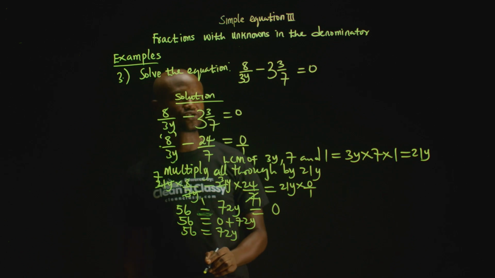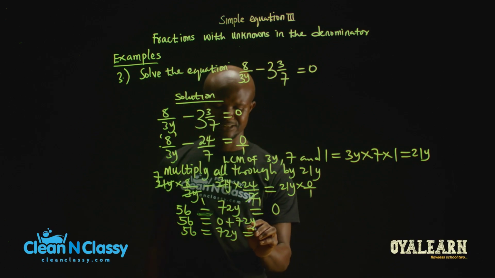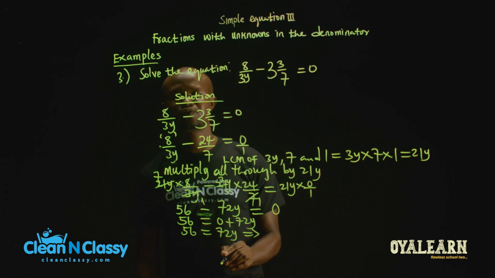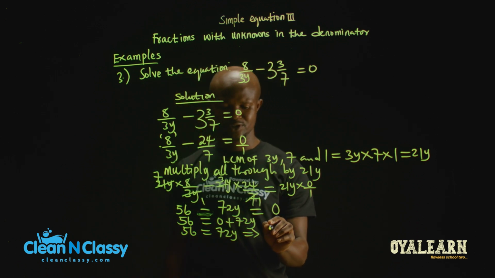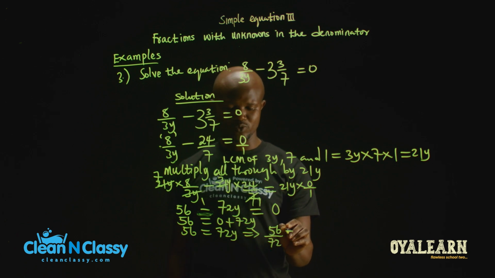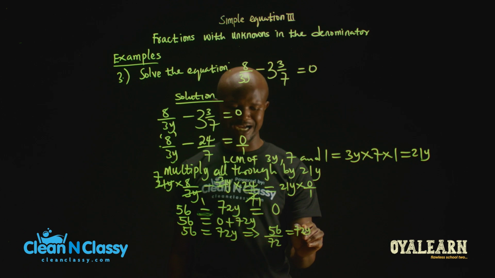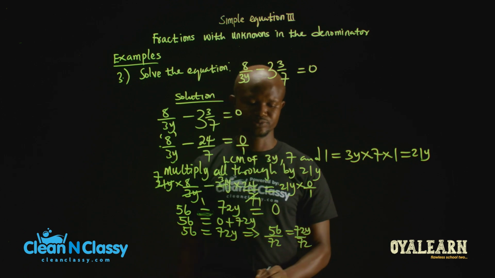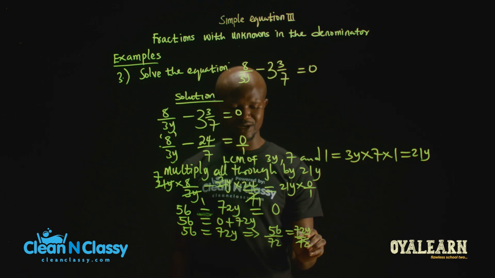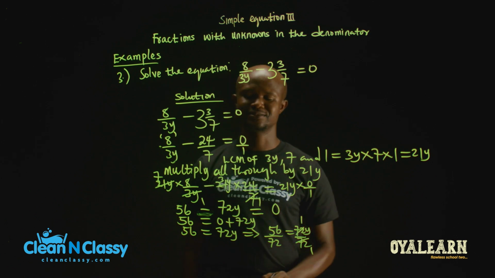Now the next thing for us to do is to divide both sides by the coefficient of y, which is 72. So we have 56 divided by 72 equals 72y divided by 72. So 72 here, 1, 72 here, 1.